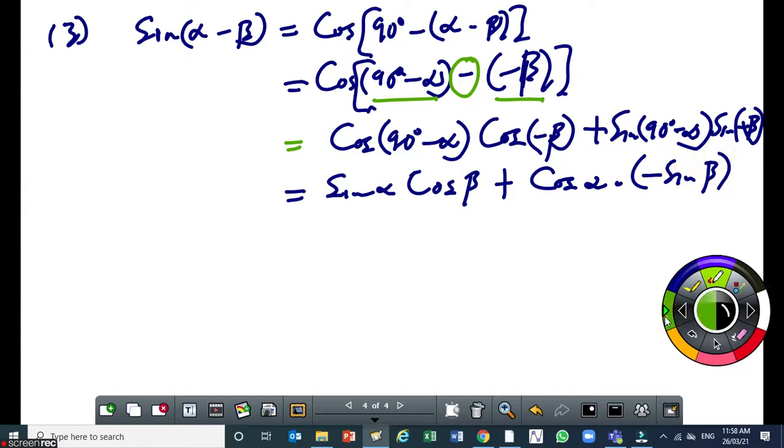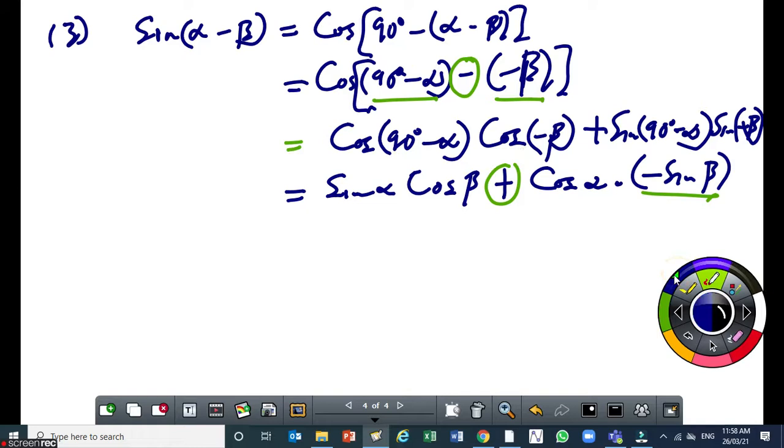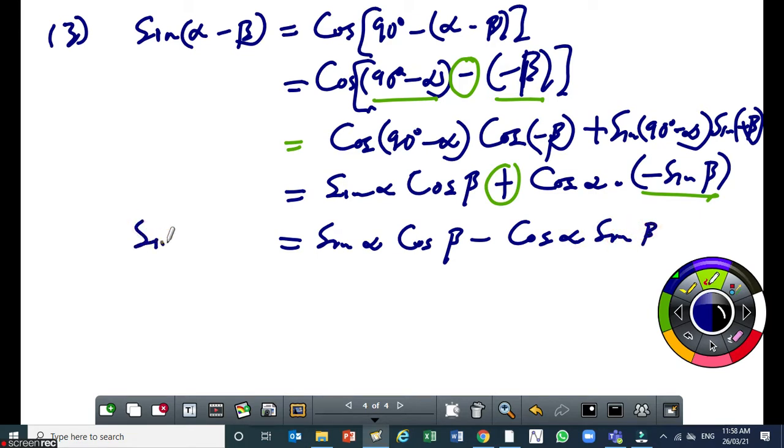Now this minus sine beta is going to cause a change in sign here. When the sign changes, it becomes a negative, so you end up having sine alpha times cos beta minus cos alpha times sine beta. So that's the third one. Actually, it's the fourth one rather. But in terms of derivation, it's the third. So that's the compound angle identity. Okay? That one there.